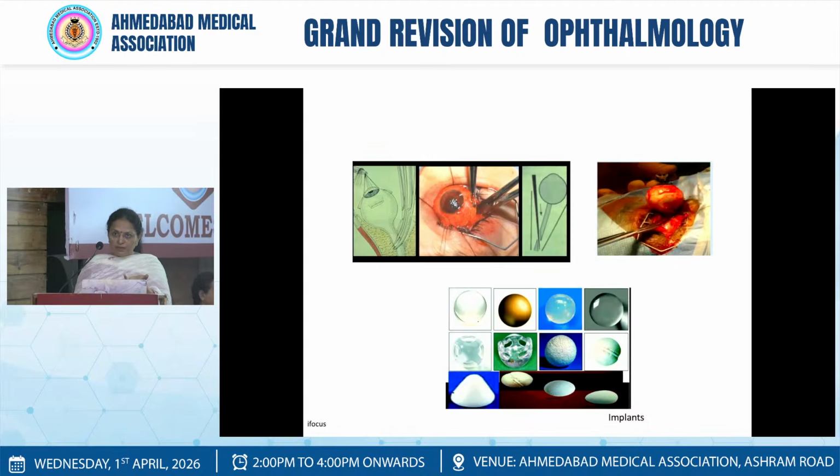Once you perforate the sclera, you cannot use the eyeball for clinical purposes, right? And if you have done the enucleation for uveal melanoma or any malignancy and the patient wants an implant, then you can implant. There are different types of implant available, but it is not for you.